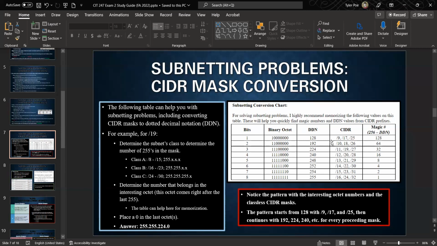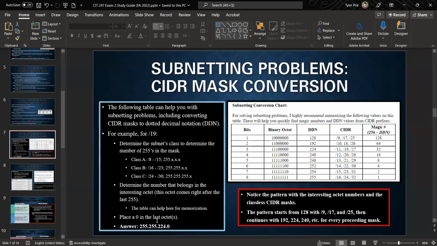You can actually write this down on paper. Write down the first classless mask that comes after /16, for example. It's going to be /17. Memorize the dot decimal notation that is associated with it, which is 128. And then keep going until you reach the mask that you're solving for. Then you should have the interesting octet number that goes with it.